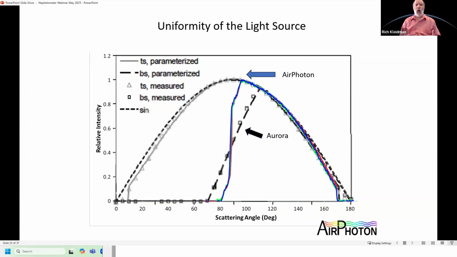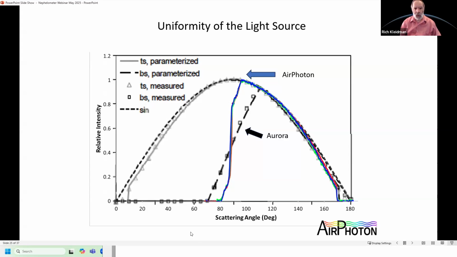Okay. Another characteristic that's important for performance is the uniformity of the light source. So in terms of your scattering angle, your intensity of light should really correspond. The theory is that it should correspond to a sine curve.